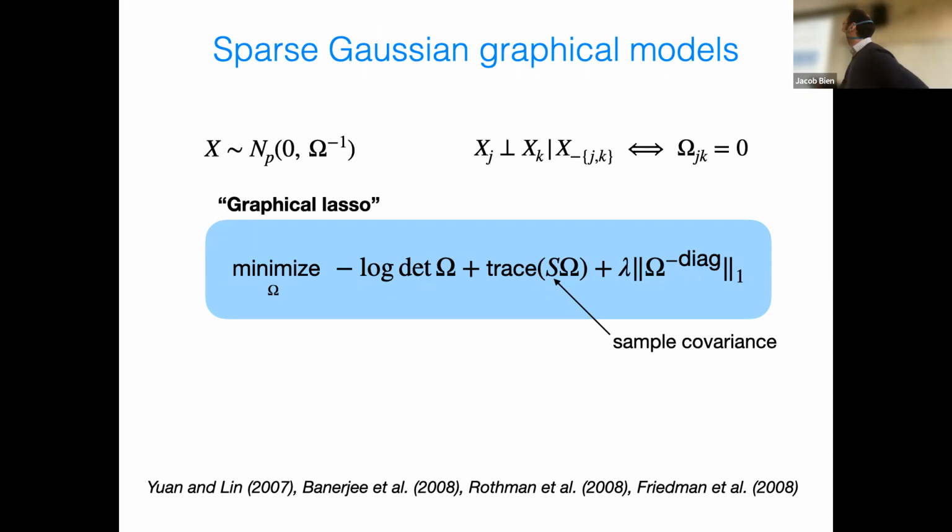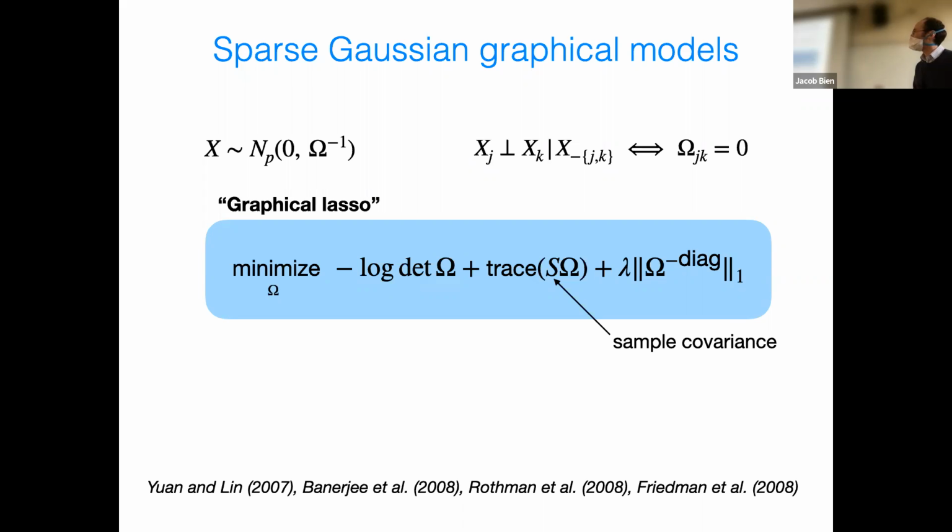if you imagine your data being these random vectors where you get to measure p features, and they come from a Gaussian, we're interested in the dependence structure among these variables. It turns out sparsity matters: if you know a particular entry of the inverse covariance matrix is 0, right?